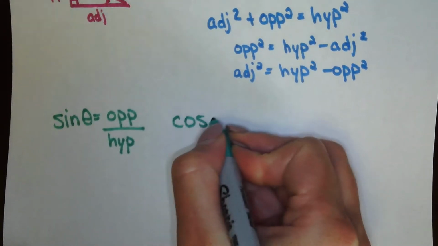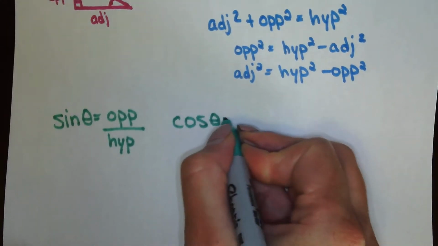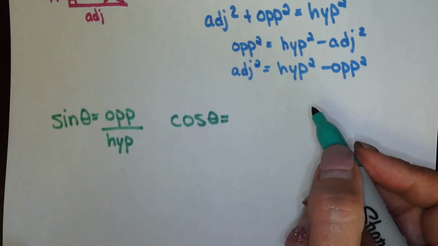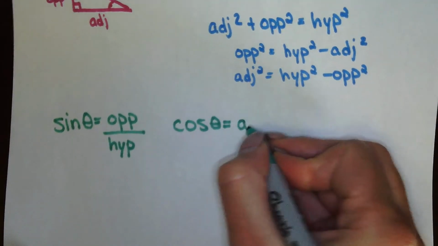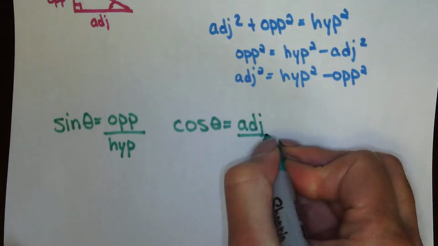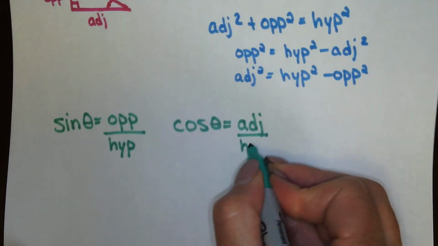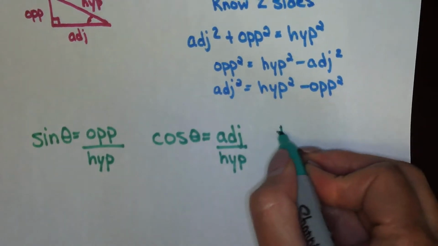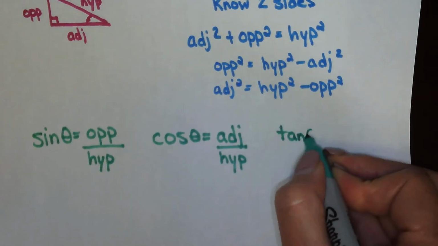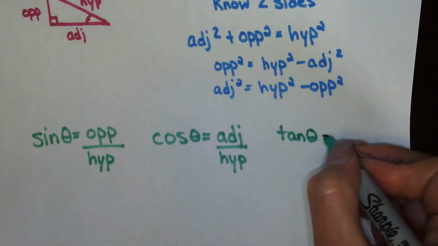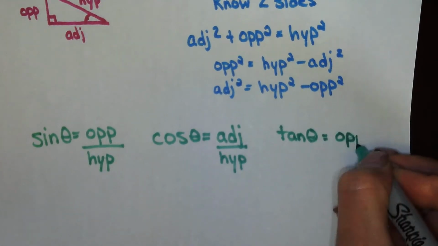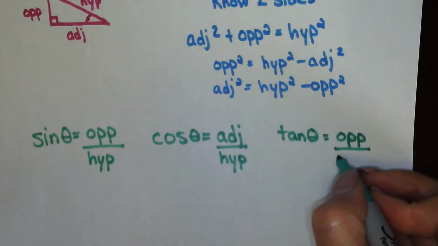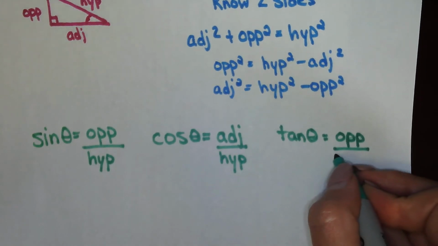The cosine is going to involve the adjacent over the hypotenuse. And the third one that we learned was the tangent is equal to the opposite divided by the adjacent.